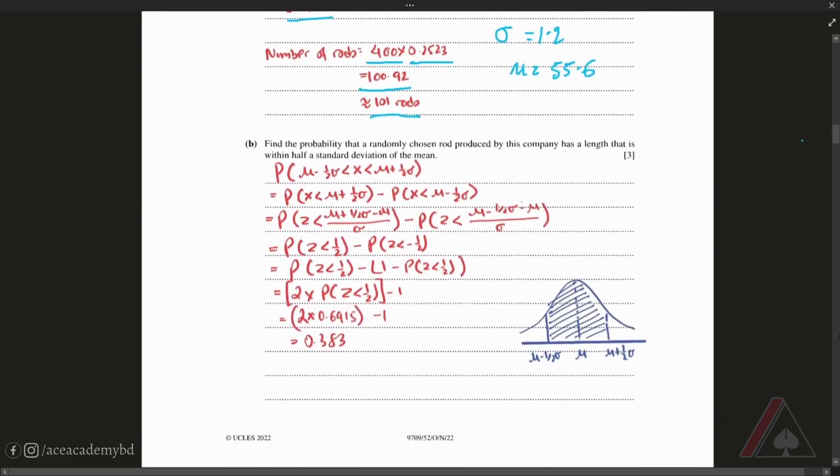Now, the next question tells us to find the probability that a randomly chosen rod produced by this company has a length that is within half a standard deviation of the mean.